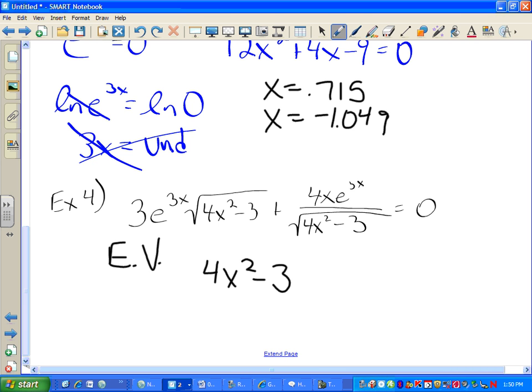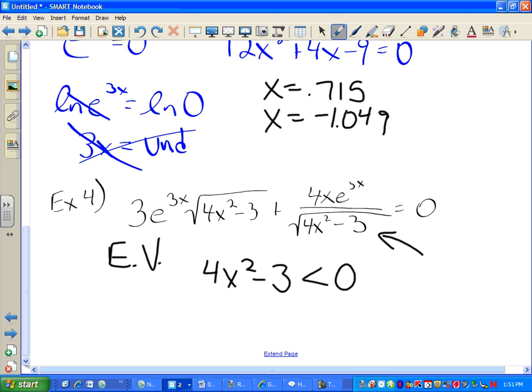So we're going to exclude all the values in which this would be negative, the ones that are less than 0. We can take the square root of 0, right? It is 0. So if 4x squared minus 3 were to get less than 0, it would be negative, and we have to exclude those values. But also look right here. Look at that denominator.